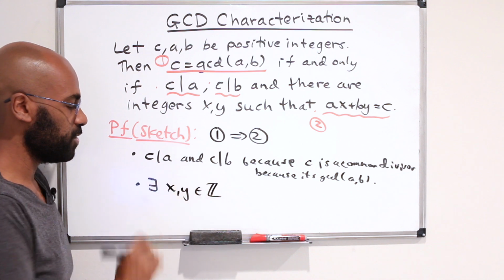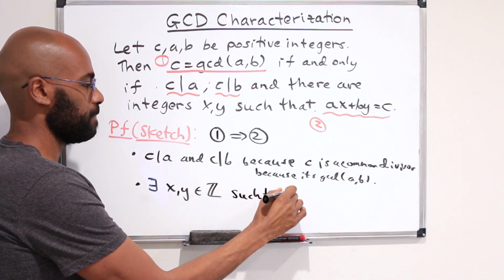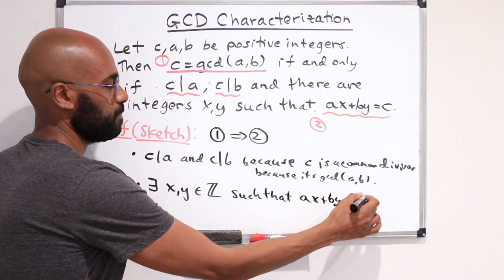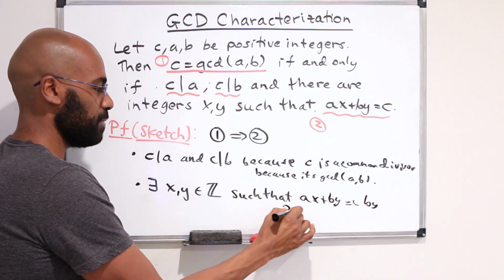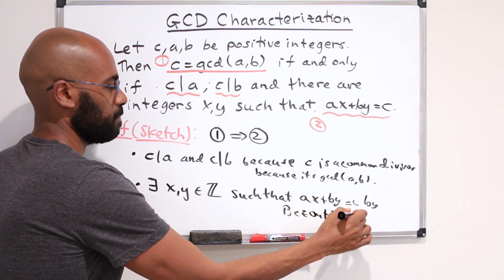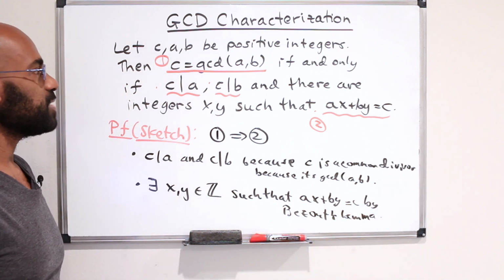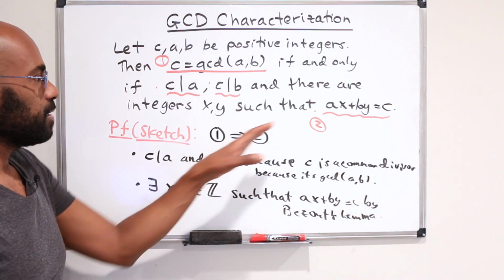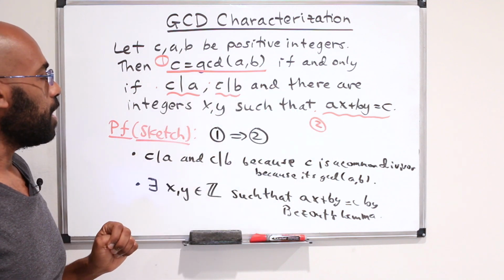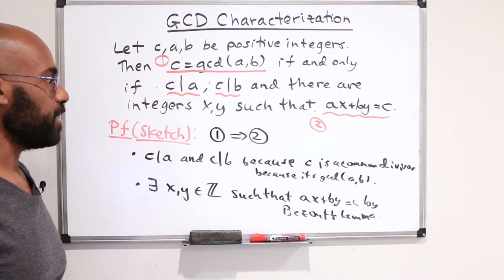This is element of integers such that ax plus by equals c by Bezout's lemma. So in some sense, we've already had result 2, all three of these things, from the fact that 1 is true by things that we've built up already.